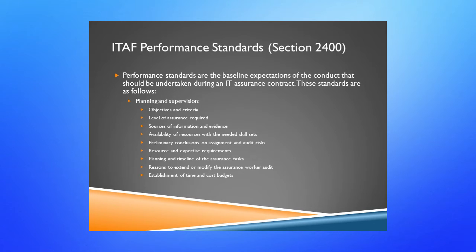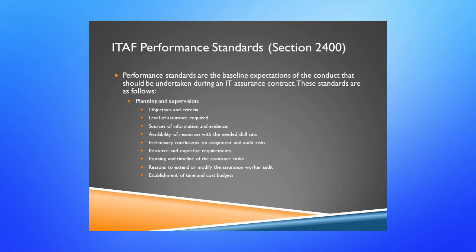Making sure you have reasons why you might extend or modify the assurance worker's audit. And that could be from some irregularity you might not have expected to see. And it might cause there to be a reason to extend or change the original plans. And of course, with any type of contract or charter, part of the minimum standards we expect is the establishment of time and cost budgets, right?